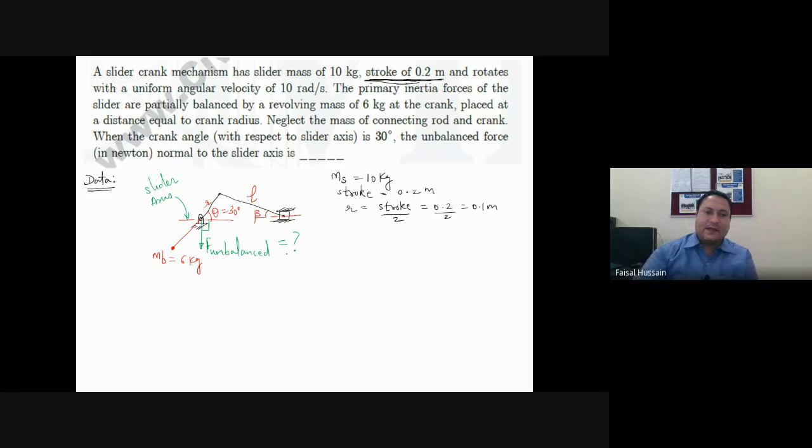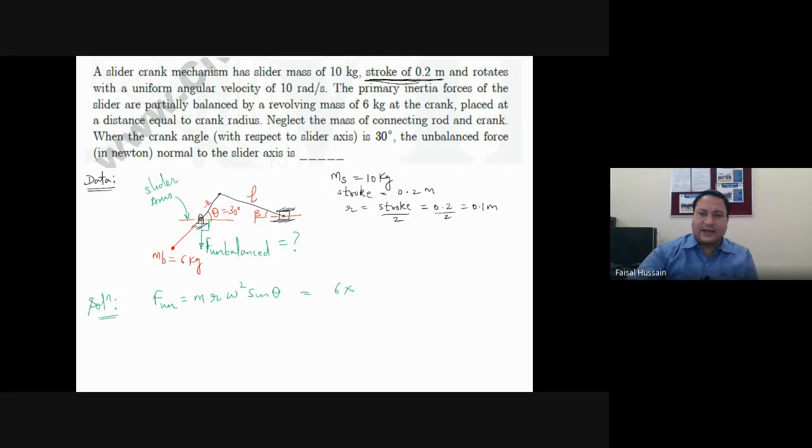In the solution, we know that unbalanced force is the product of balance mass, radius of crank, omega square, with respect to the vertical component sine theta. So mass is 6.